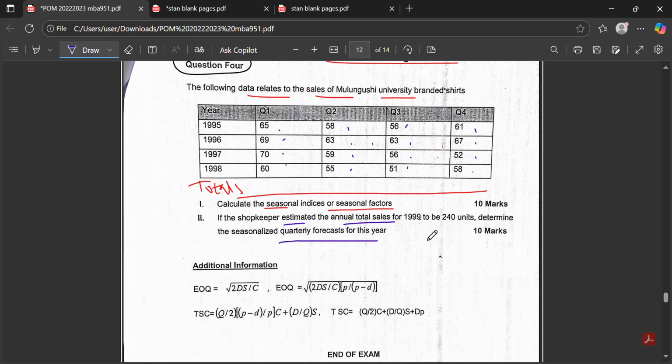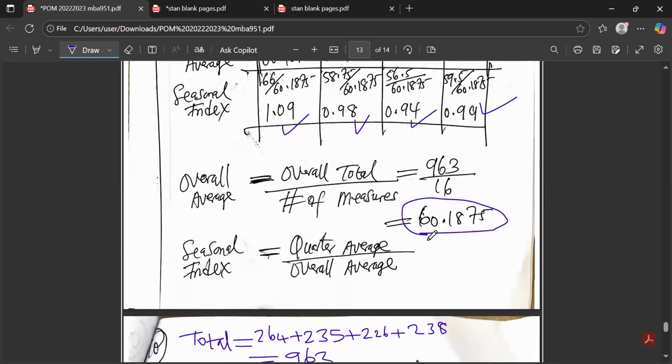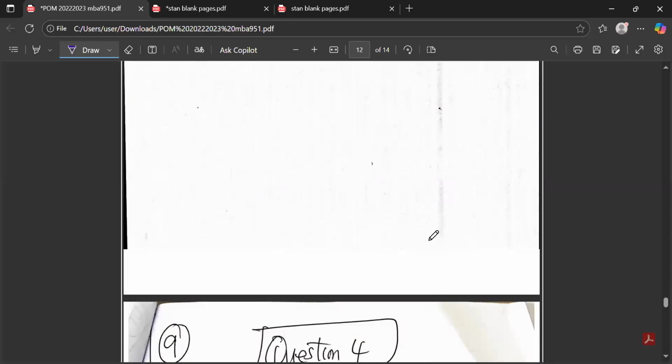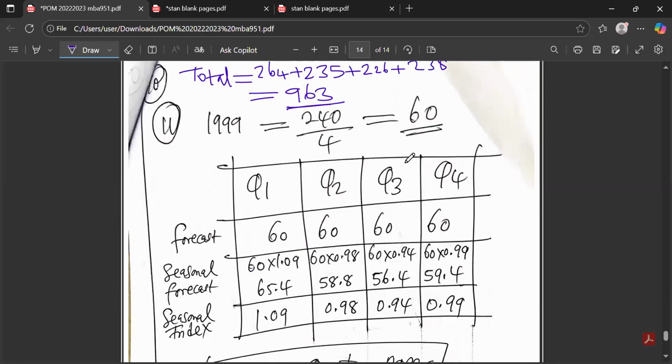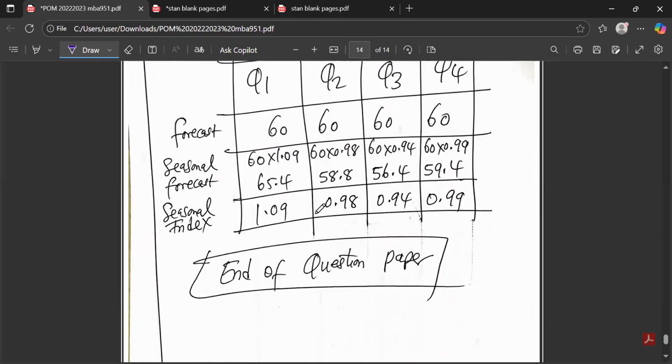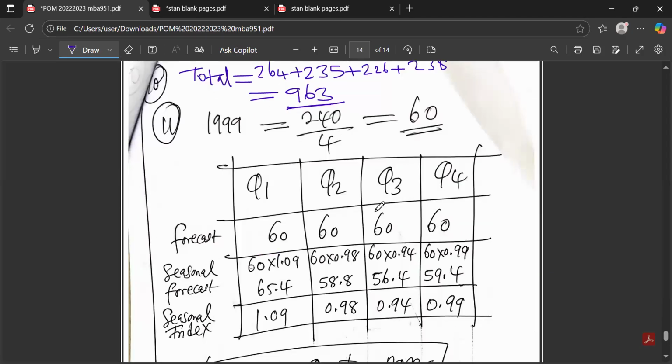So since we have the total demand of 240, this 240 we're supposed to divide by 4, meaning that we are getting the 60 there. So this 60 was the forecast for each quarter, and we're supposed to now multiply by the seasonal index so that we get the seasonal forecast for each of these 4 quarters. So this is how this question was supposed to be solved.